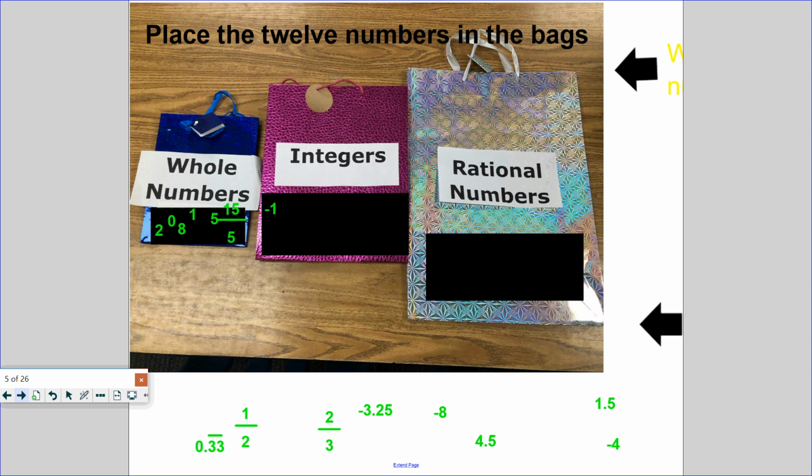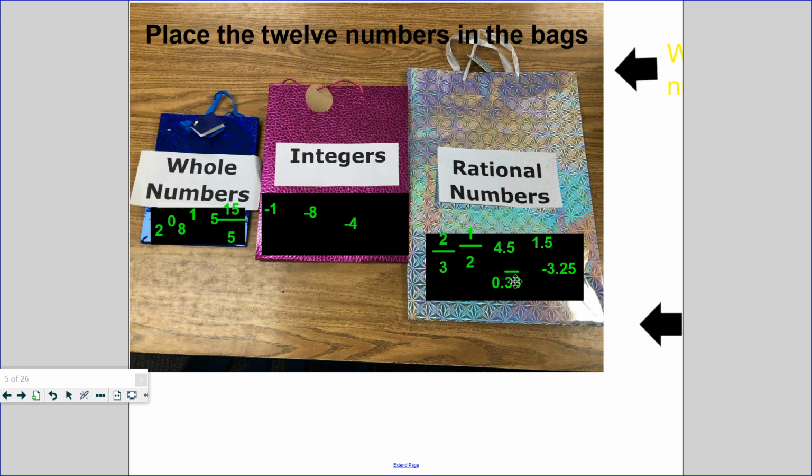So integers are all these whole numbers and their opposites, like -1. We have 8 and -8, 4 and -4. And then rational numbers are any numbers that we've written in fraction form: 2/3, 1/2, 4 and 5/10, 1 and 5/10, -3 and 25/100ths, and this one is actually 1/3.